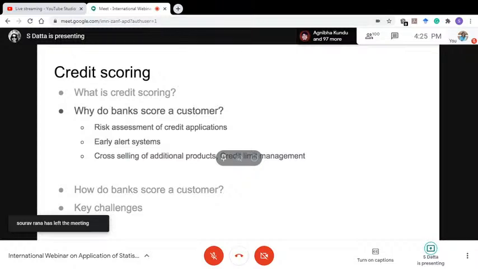For example, if you have extended a loan to a customer and they are going to pay it off over maybe 10 years, every year you want to check their credit score.